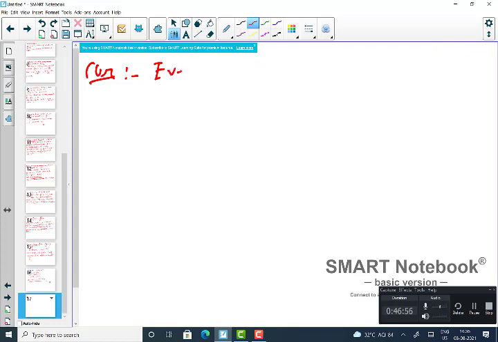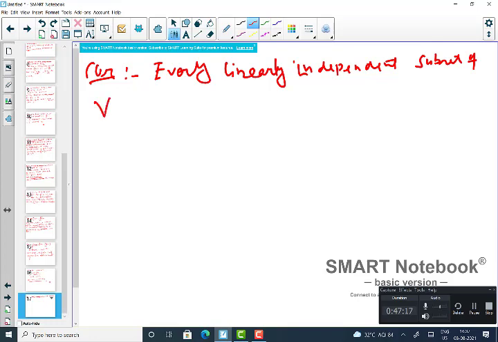So this is a simple corollary: every linearly independent subset of V, assuming finite dimensional obviously, can be extended to a basis of V. Because a basis means also a generating set.